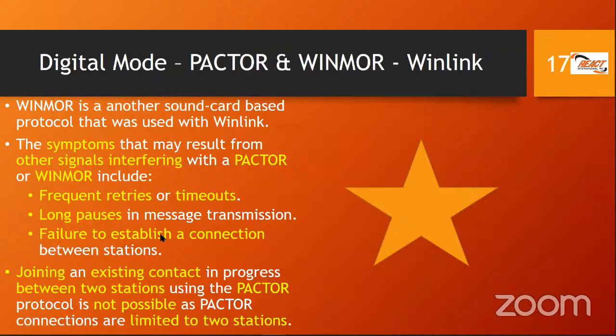All right, so we're going to talk a little bit about Pactor and also WinMor. Now, WinMor was another sound card based mode that could have been used with Winlink. I say was because it has actually been deprecated. It's not really used in favor of other protocols such as ARDOP, Amateur Radio Digital Open Protocol, I think.